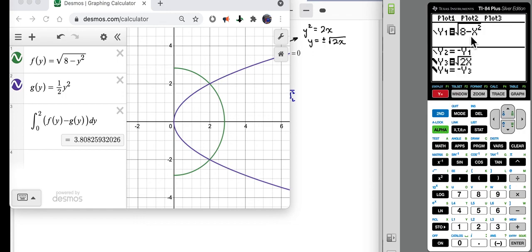The positive gives you the top half, the negative gives you the bottom half. When it comes to the inversion, the positive gives you the right half, the negative gives you the left half. It's something you just got to be mindful of, because a lot of people aren't used to seeing that because they're so used to working with the TI calculators, which don't handle inverse relations very well. So just something to be careful about. Just yet another thing to be careful about.